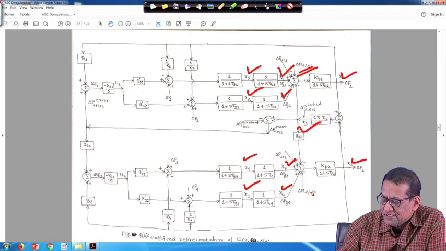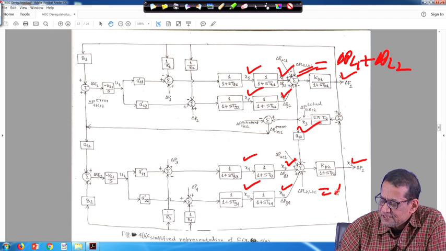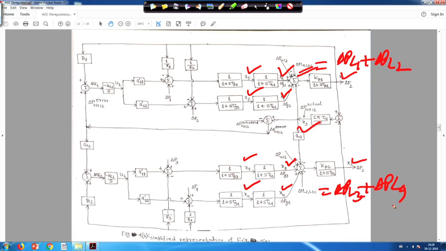Here also delta PL1 local, I told you, is equal to delta PL1 plus delta PL2, and this one, delta PL2 local, is equal to delta PL3 plus delta PL4, right. And uncontracted power demand is there, delta PUC1 and PUC2.